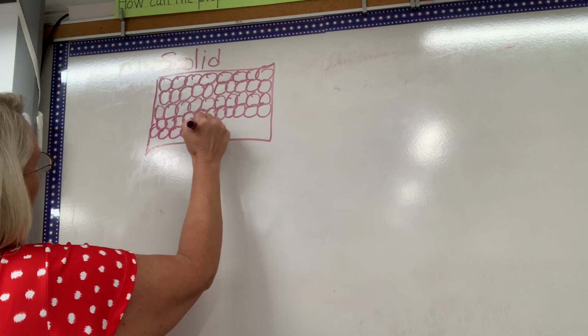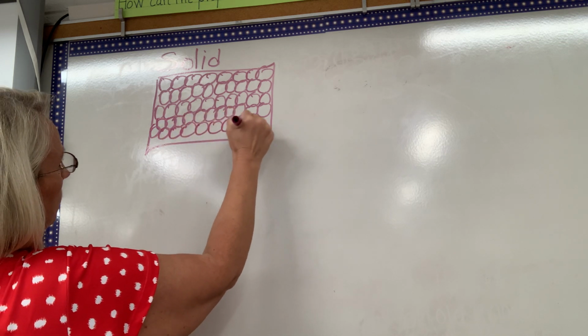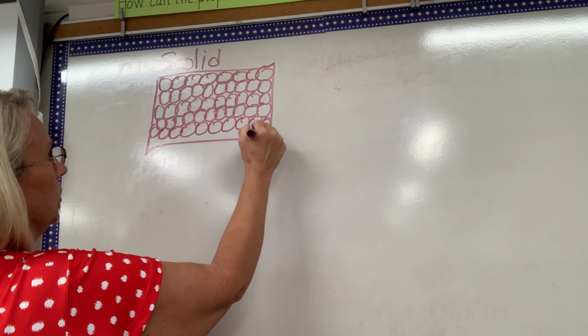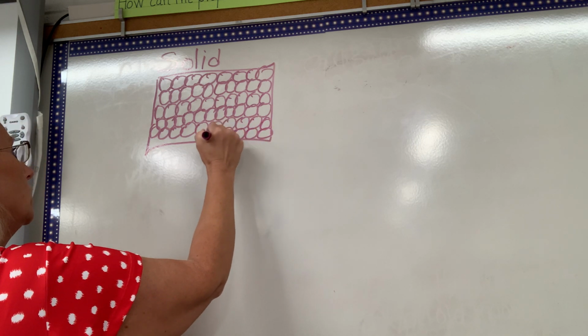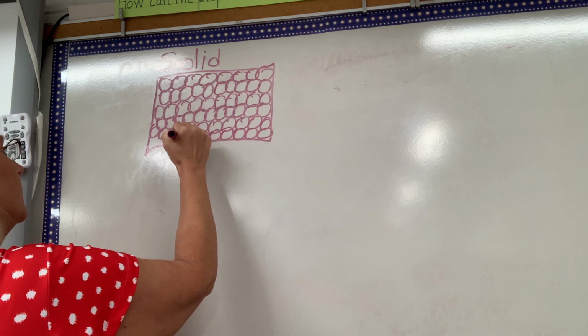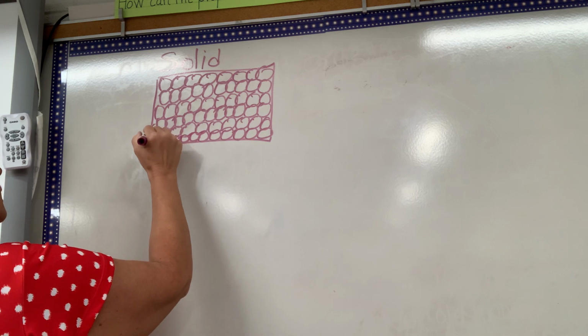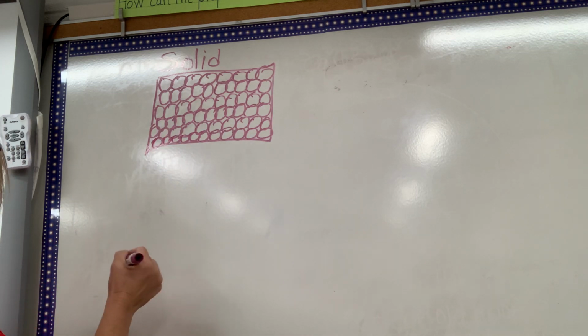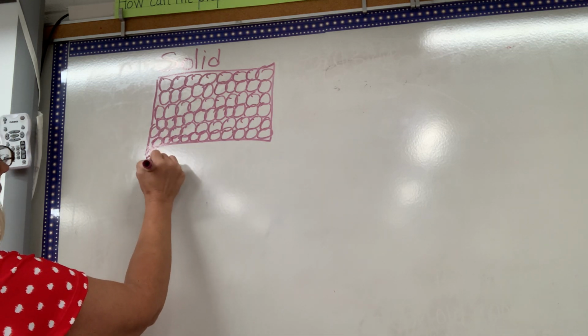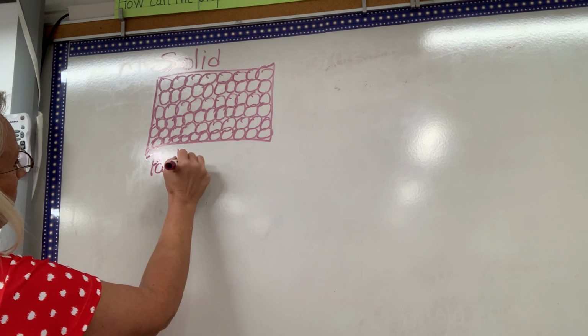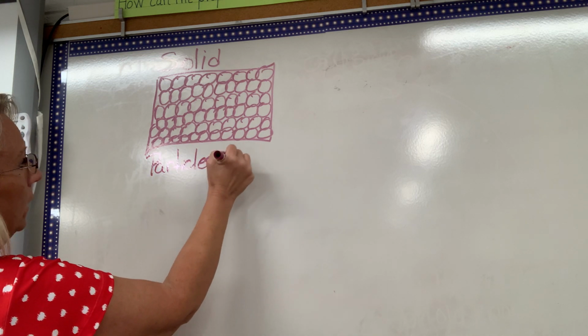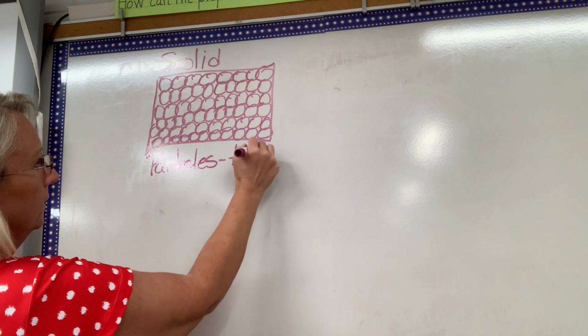They are tightly packed. So we want to keep that in mind too, that the particles are tightly packed. And that's something I'm going to write underneath it. I'm going to say particles are tightly packed.